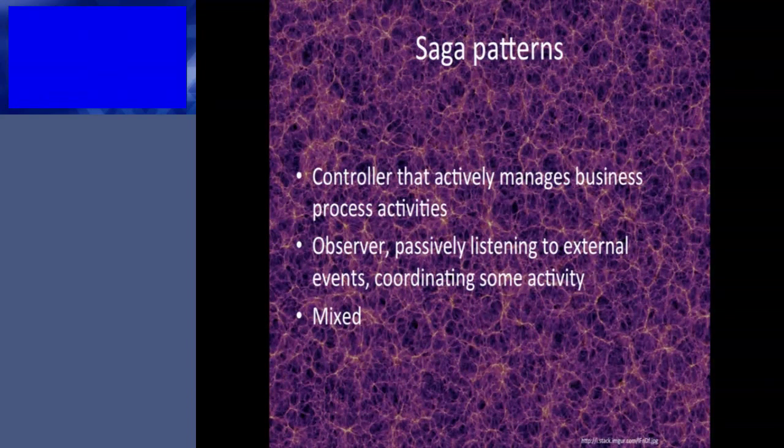An observer pattern is a process which passively sits in your system and listens to external events and coordinates some activity. An example of such a process might be a customer who attains a preferred status after spending a certain amount of money. And you can always mix and match these patterns in order to satisfy the needs of your particular system.